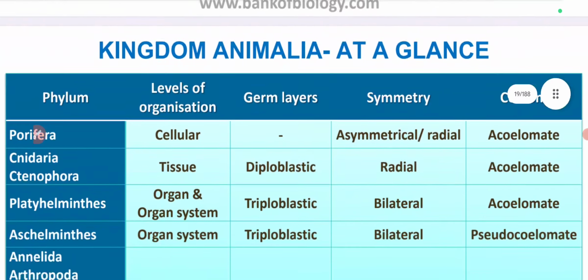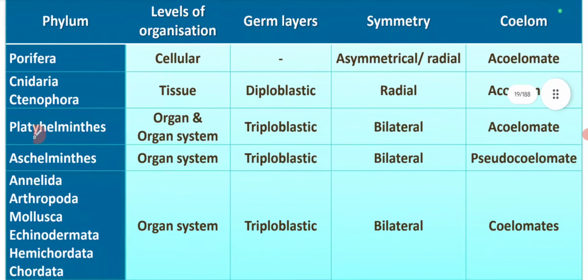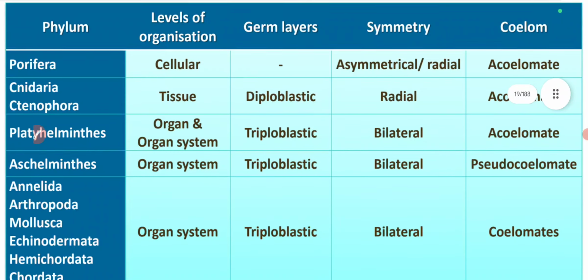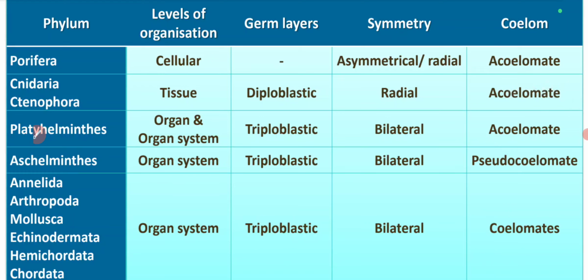Next, kingdom Animalia at a glance. The topics covered we can see here. Porifera: cellular level of organization, germ layer absent, symmetry asymmetrical or radial. Cnidaria and Ctenophora: tissue level, diploblastic, radial symmetry, acoelomate.